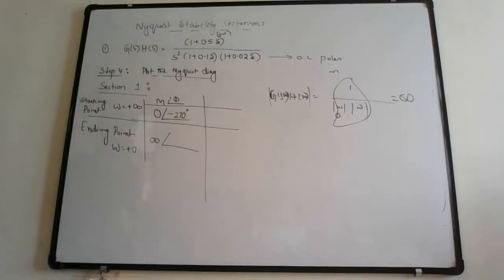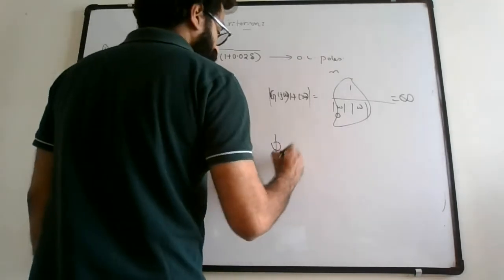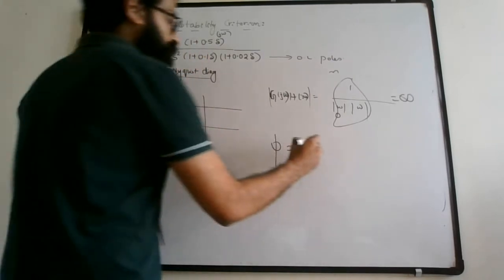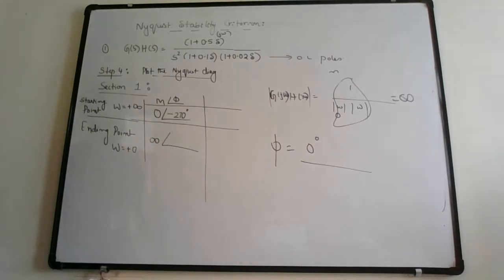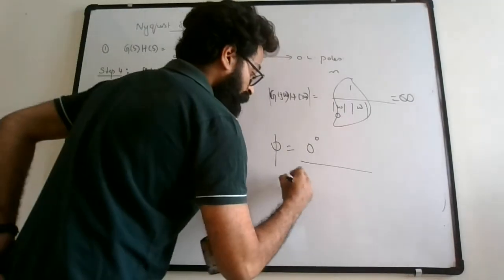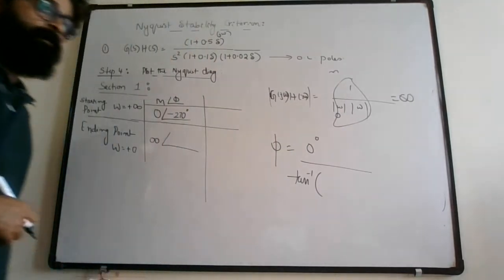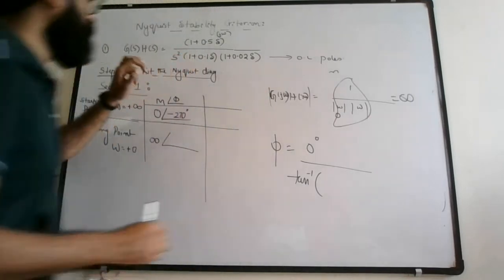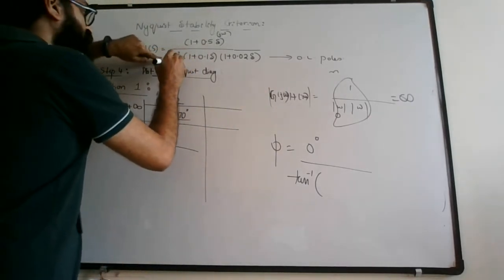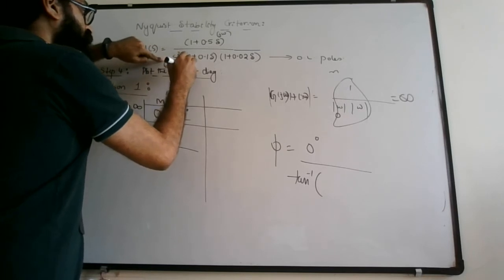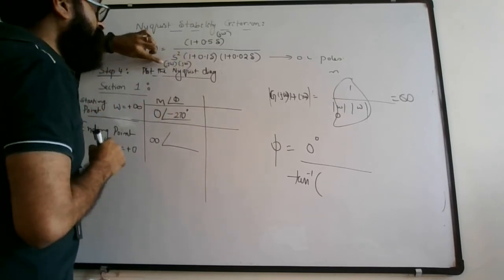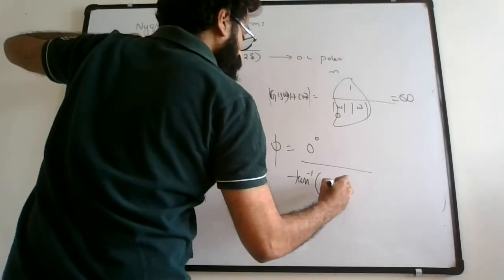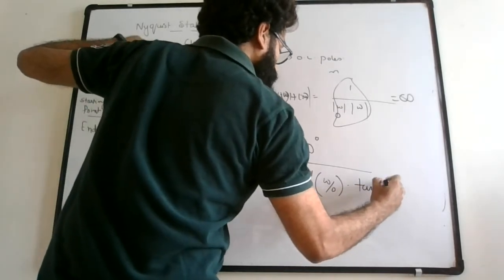And the phase angle, what do you get as the phase angle? Phi is equal to, so it is 1 plus j0 because ω is 0. So in the numerator you have 0 degree. In the denominator, you have tan inverse of imaginary part by real part. What is the imaginary part of the s squared function? So s squared can be written as jω into jω. Okay. So tan inverse of, the angle for jω can be written as tan inverse of ω by 0.